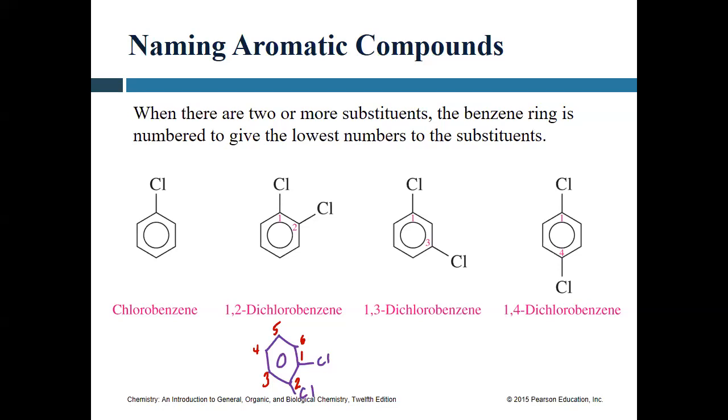So it's just like that for any ring structure. We start numbering the ring wherever we find that first substituent. And then we either number it clockwise or counterclockwise based upon where the other groupings are. Again, the whole idea: lowest combination of numbers possible.